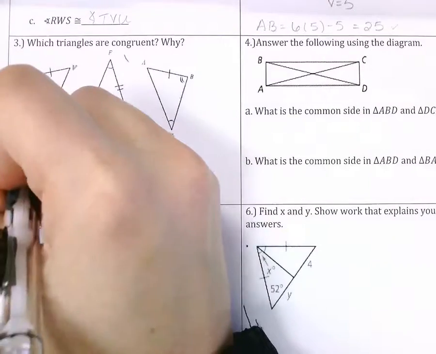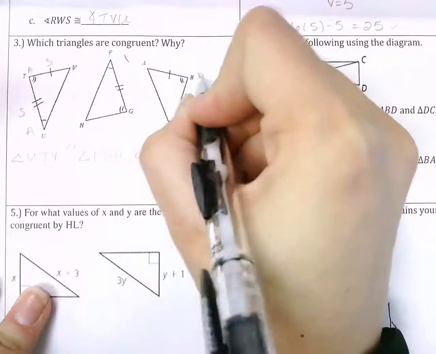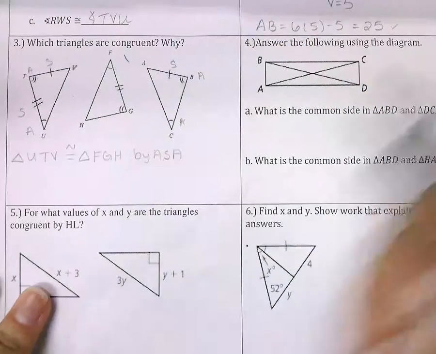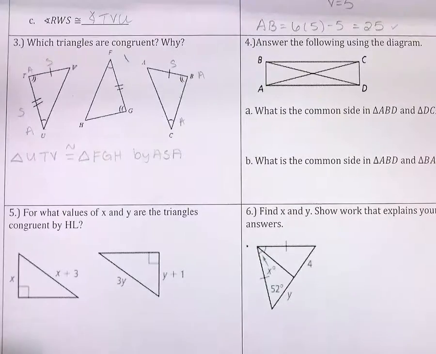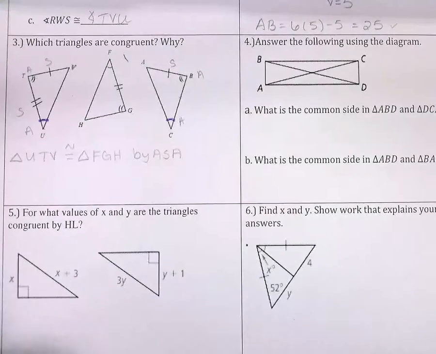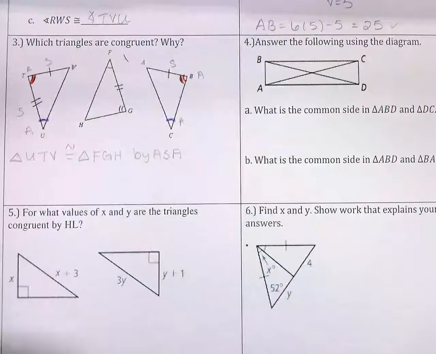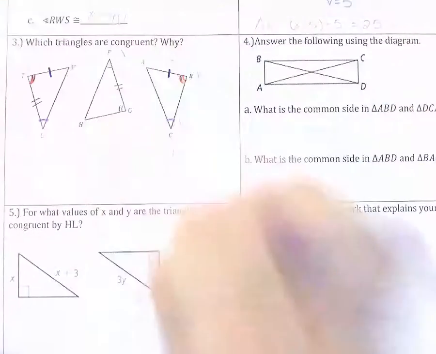Well, this one has an angle, a side, an angle, and a side. This one has angle, angle, and side. If you look, it's got the single swoosh that this one has. It has the double swoosh. And then it also has this single side right here.